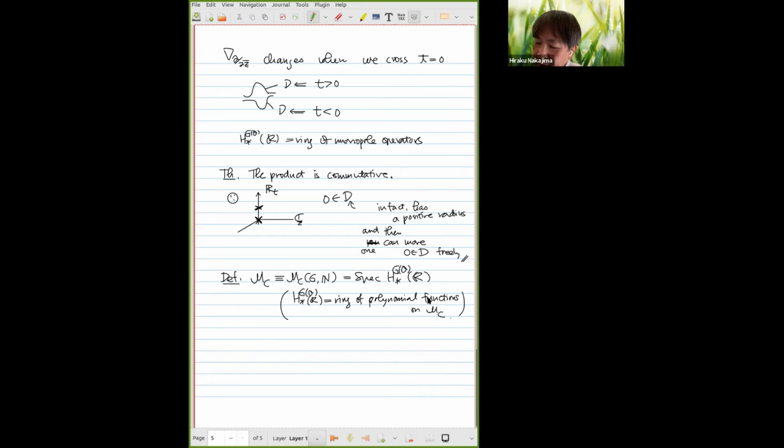Strictly speaking, unless you assume several properties on this commutative ring, M_C is just an affine scheme, maybe far from the usual varieties.